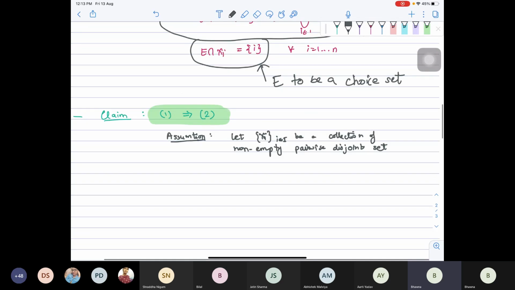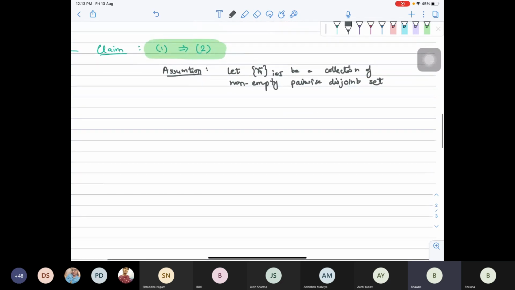So if I am trying to show 1 implies 2, I am making one assumption. That means I have a non-empty collection of pairwise disjoint sets, right? And I want to prove something. What do I want to prove?